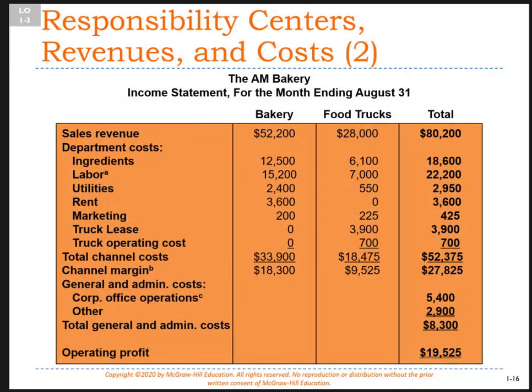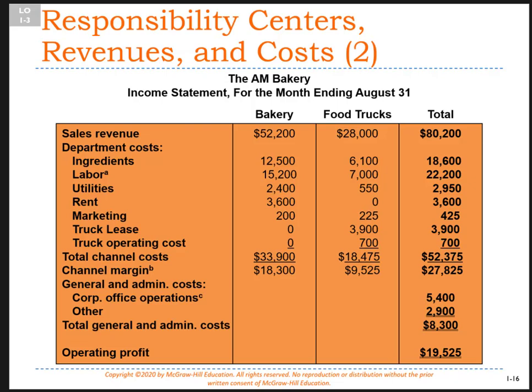All right? So if we think at a bigger scale, for this bakery we have two divisions, you might say: bakery and food trucks. Now we're talking about maybe a larger expansion where we can have someone who supervises the food truck process and someone who supervises the bakery. And each of them has a responsibility for their piece.